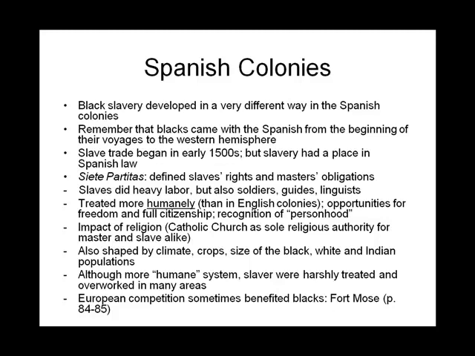Now, there's a little connection here that I want to make between what is happening in these English colonies in South Carolina and what is happening with Fort Mose.